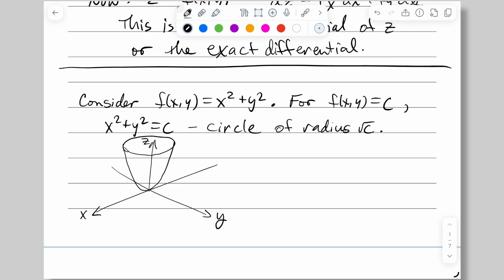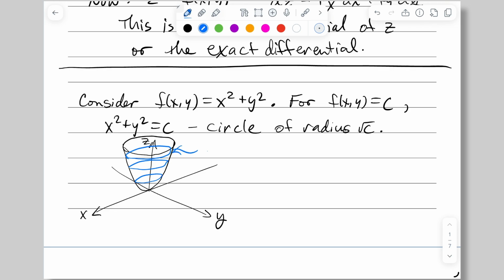Don't worry, we're not really going to live in this topic for very long. But what I just said was that if we fix a value for z, then we have a circle of a specific radius. And so we can think about z increasing, and as we go up this paraboloid, we end up with a circle.